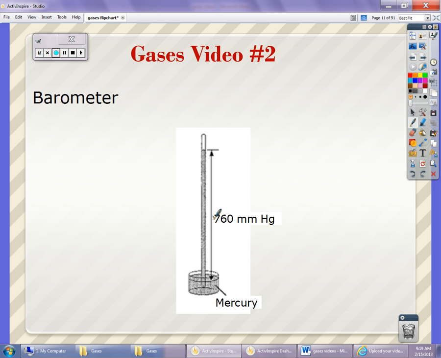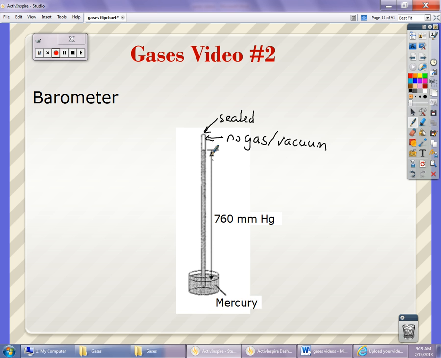Barometers. The first barometer was made by taking a tube that is sealed on one end. It has no gas on the inside, totally a vacuum, and placing it into a container that had mercury in it.